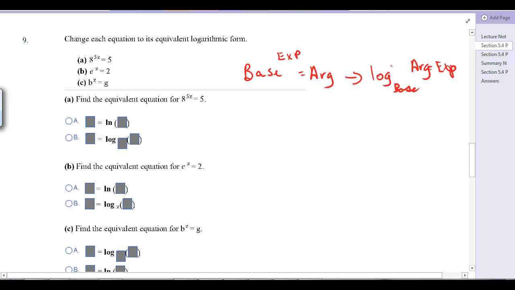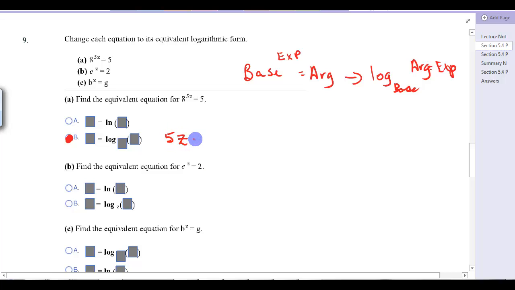All right. So we've got 8 to the 5z equals 5. And we're going to choose the log one because our base is not e. So log, and in this box, your base is 8. I'm sorry, I was reading it backwards.